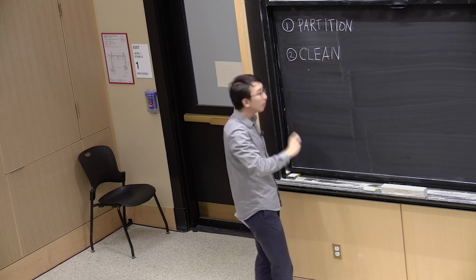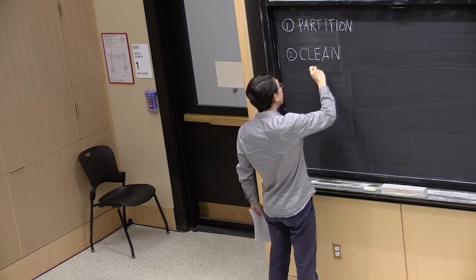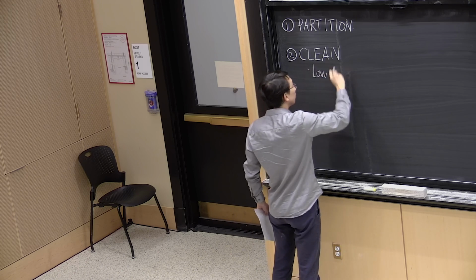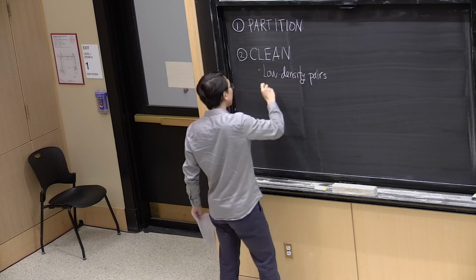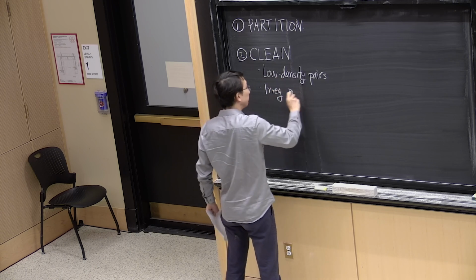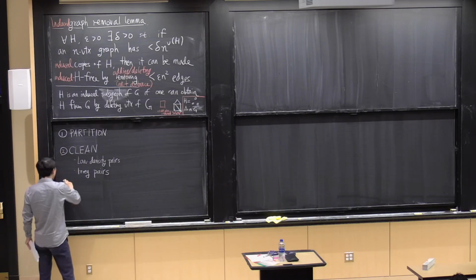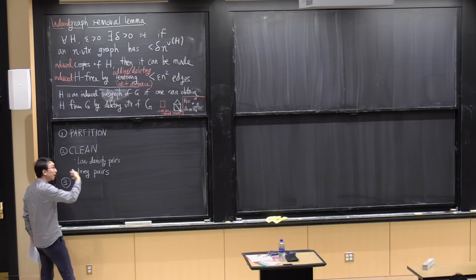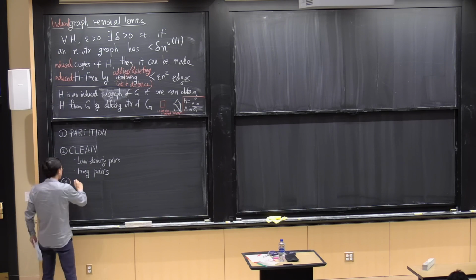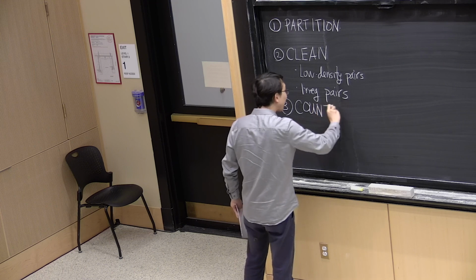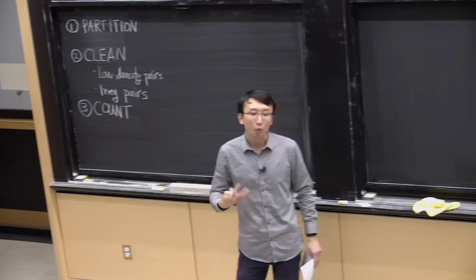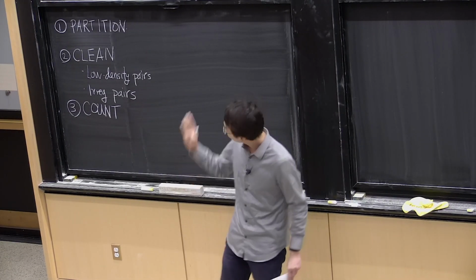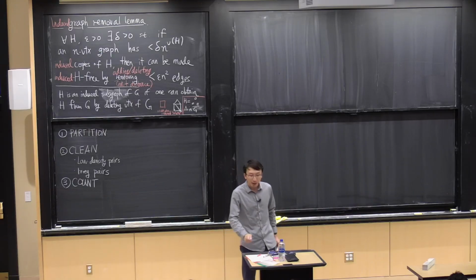The 2 key things that happen in the cleaning is we remove low density pairs of parts and irregular pairs. And in the third step, we claim that once we do the cleaning, once we remove those edges, the resulting graph should be H-free, because if it's not H-free, then by considering the vertex parts where H lies and applying the counting lemma, you can generate many more copies of H. These were the 3 main steps in the proof of the triangle removal lemma.